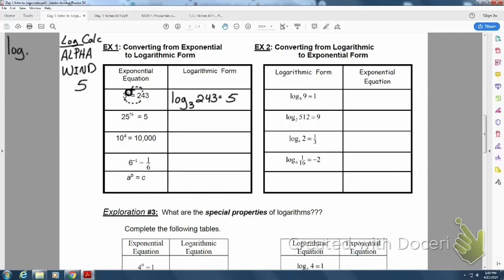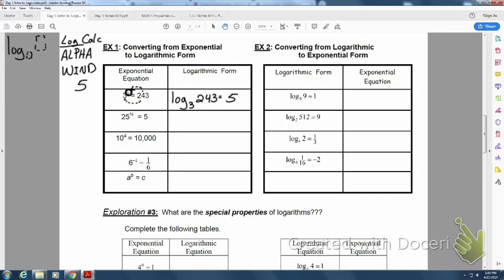And you should get something to pop up like this. And I want everybody to do log base 3 of 243 and make sure that you get 5 in your calculator. If you do not get 5, raise your hand and I'll come around and I'll see what you put in, because we need to fix this now before we get too far into this unit.